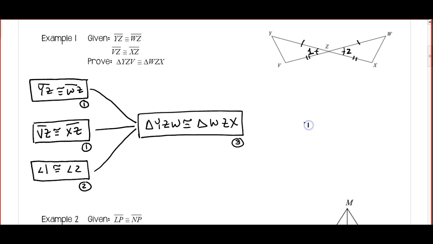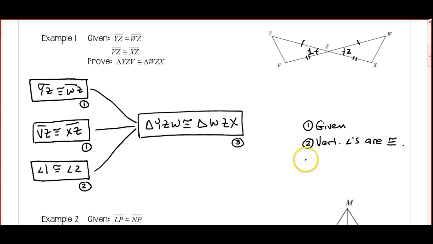So for number 1, this is going to be our reasons now. So for 1, the reason is simply that these are given. Alright, so any box that would have a number 1 by it would be given. And then the number 2, you should know the reason for this. Angle 1 is congruent to angle 2 because vertical angles are congruent.